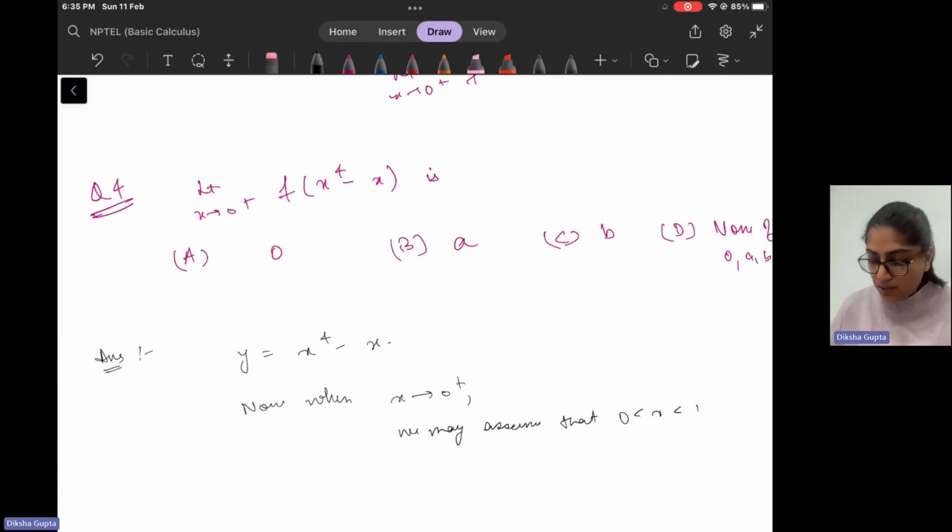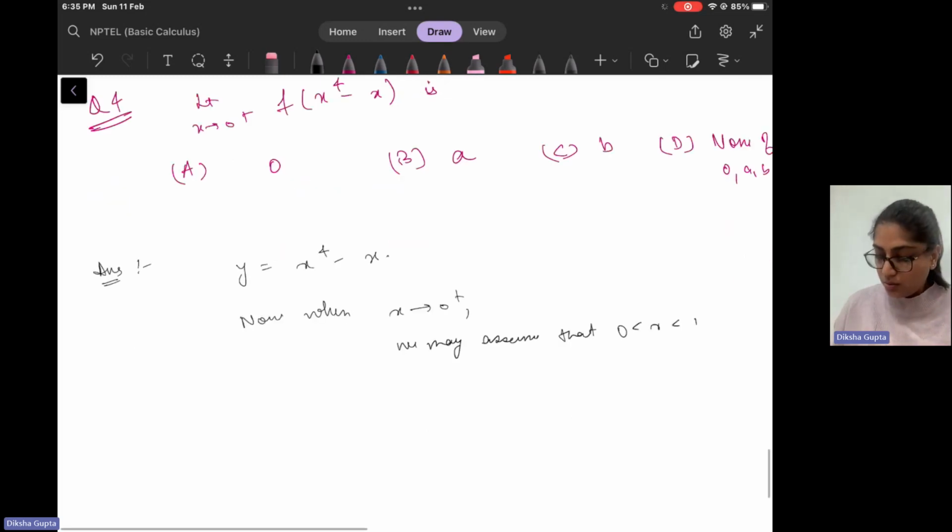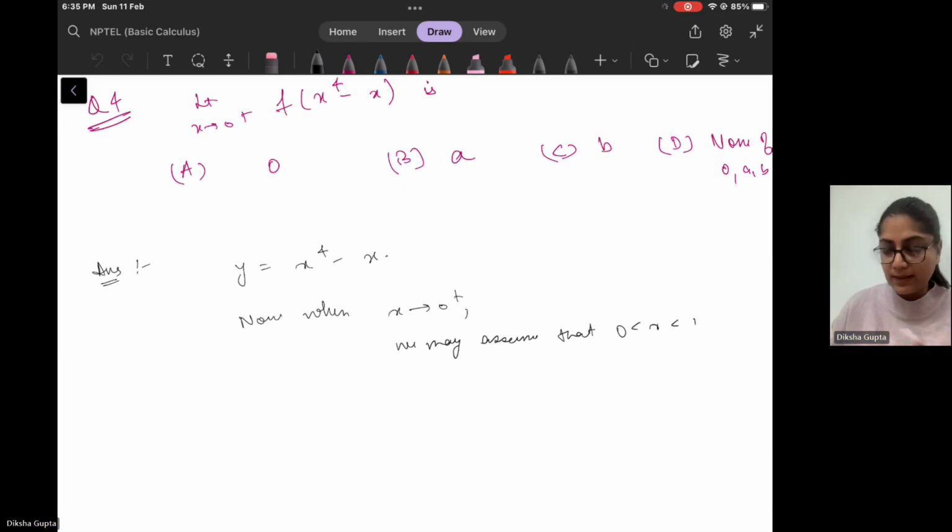Why are we doing this? Because x⁴ and x will have a different relation when x is between 0 and 1 and when x is greater than 1. So when x is tending to 0 plus, we are trying to say where y will go, and that depends upon how x⁴ and x are related. That's why we have to see whether x is less than 1 or greater than 1. Since x is less than 1, x⁴ has to be less than x.